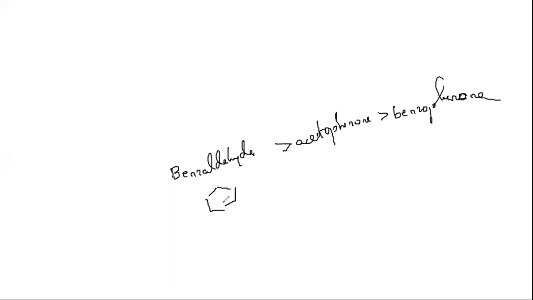Benzaldehyde, CHO, is more reactive than acetophenone, the first aromatic ketone, C double bond O, CH3, which is more reactive than benzophenone, right? C double bond O, then here we have this. So it is more reactive than benzophenone, right?